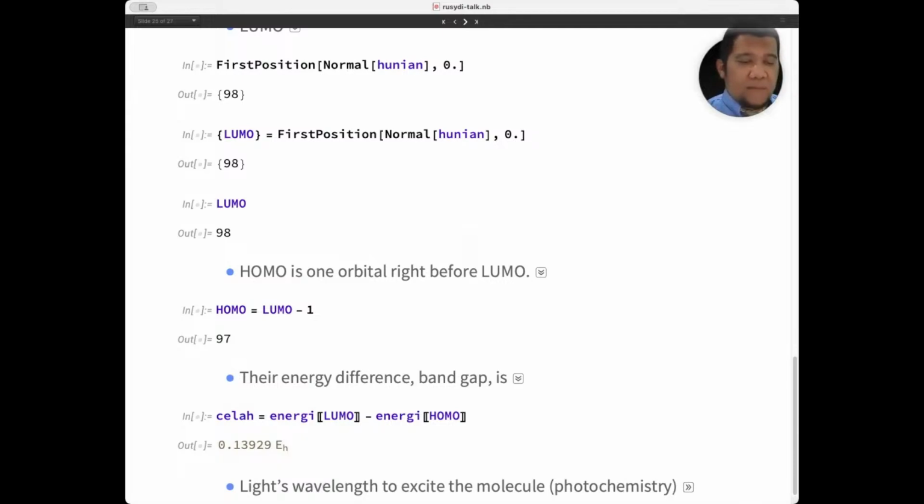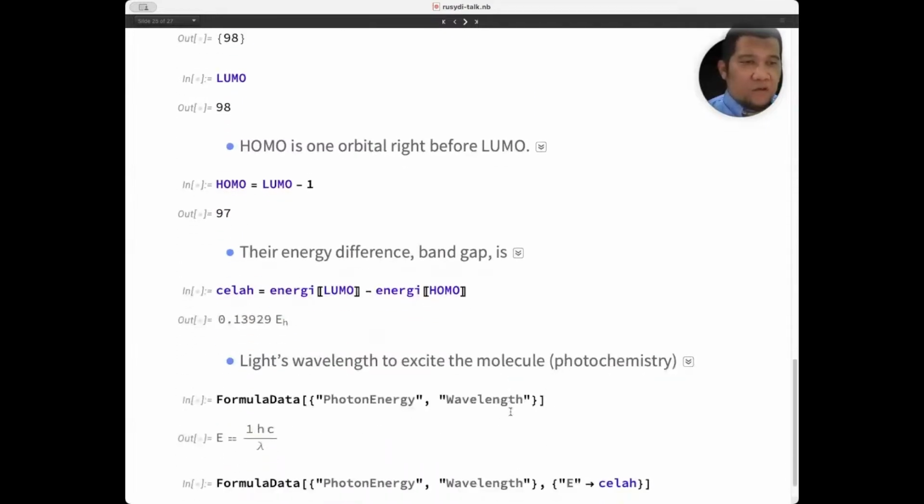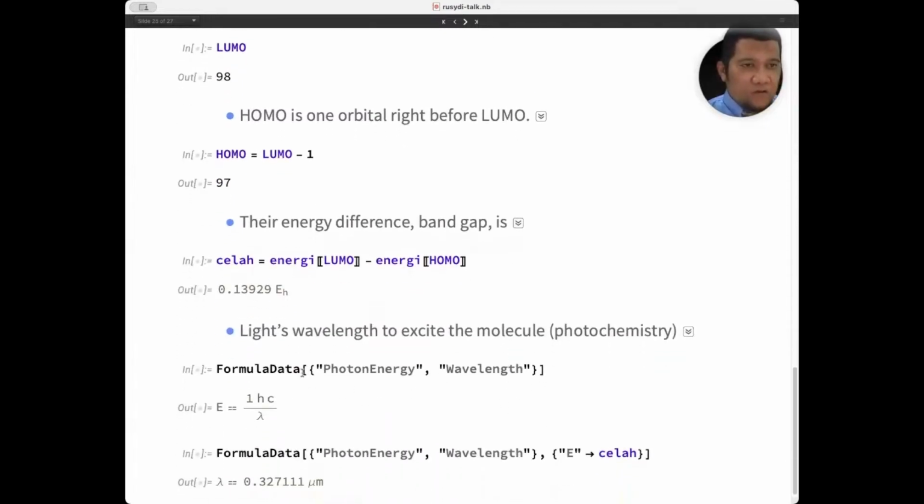One use of band gap analysis, in particular in photochemistry, is to determine the light's wavelength to excite the molecule. This can be achieved by the following procedure. First, we find out the formula using the function FormulaData and substitute the band gap energy into the formula. Here is the light's wavelength to excite curcumin.